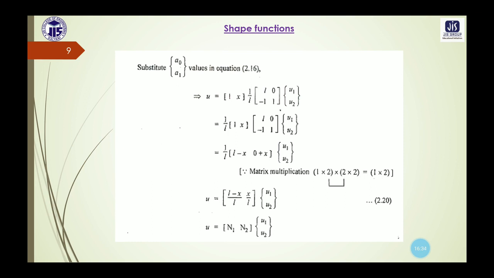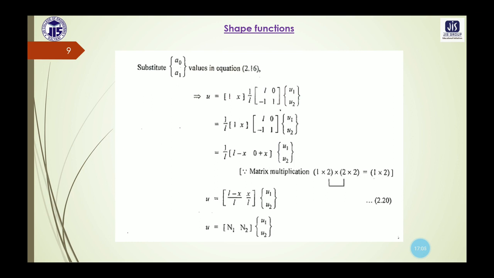If we do the matrix multiplication, using the row-column concept that is familiar to us, then after two steps we get equation 2.20, which is u equals [(L minus x) by L, x by L] within the matrix, multiplied by [u1 u2].